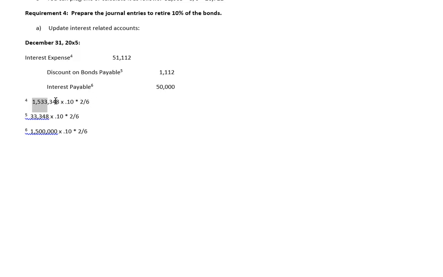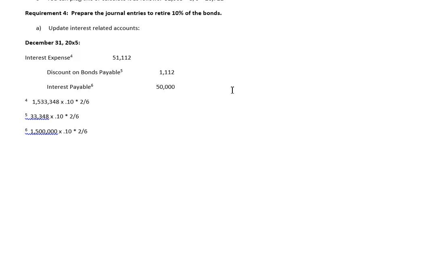We said before that's 6 months in the 6-month period, right? 2 months is November and December, but I only want it for 10% of the bonds. I have no reason to do an update for discount and interest on bonds for the ones not being retired, because nothing's happening to them on December 31st, right? I'm only updating for the 10% I'm retiring, all right?